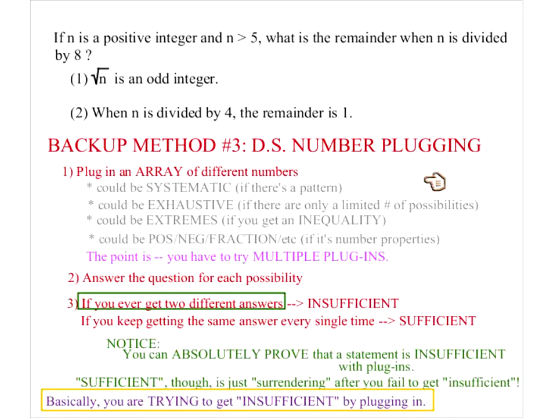If you apply these three methods together far and wide, they can solve close to half of what you're going to see in the quant section in some way or another. They're extremely powerful methods. Especially in problem solving, you can solve up to half of the problems by doing some sort of backwards plugging method. Extremely powerful.